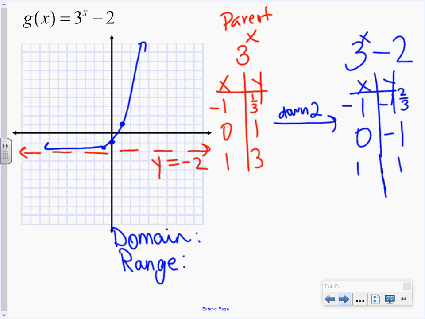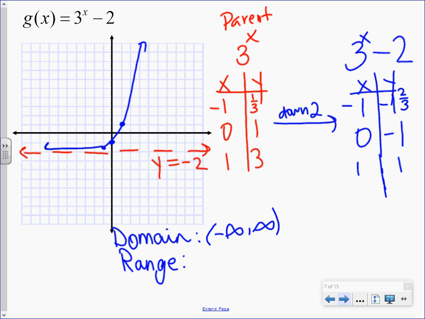Okay, let's talk about how that's going to affect our domain and range. Okay, is our domain changed? No, your domain of any exponential function will always be all real numbers, okay? No matter what. All real numbers.